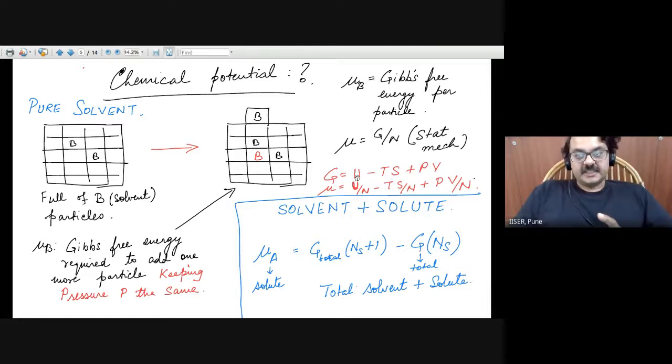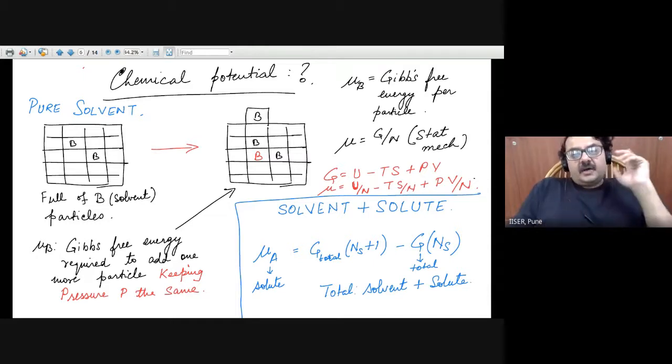U is the internal energy, minus temperature times entropy, plus PV, pressure and volume, right? And if mu, the chemical potential, since you're introducing an extra particle, is basically Gibbs free energy per particle, which is U by N minus TS by N plus PV by N. V, S, U, they are extensive quantities.